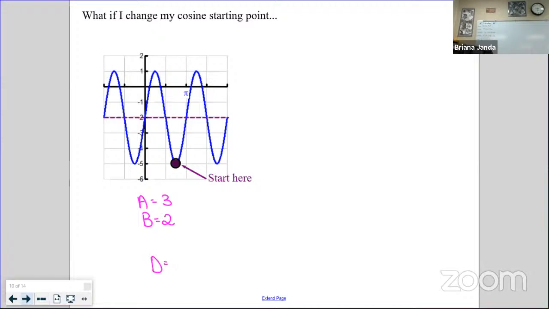That will never change, regardless of where you start on the entire picture. It's that C value that changes, and the fact that this is a reflection. We are at a minimum. Okay, this one's a little tricky. What is the phase shift on that one? It's a tricky one.